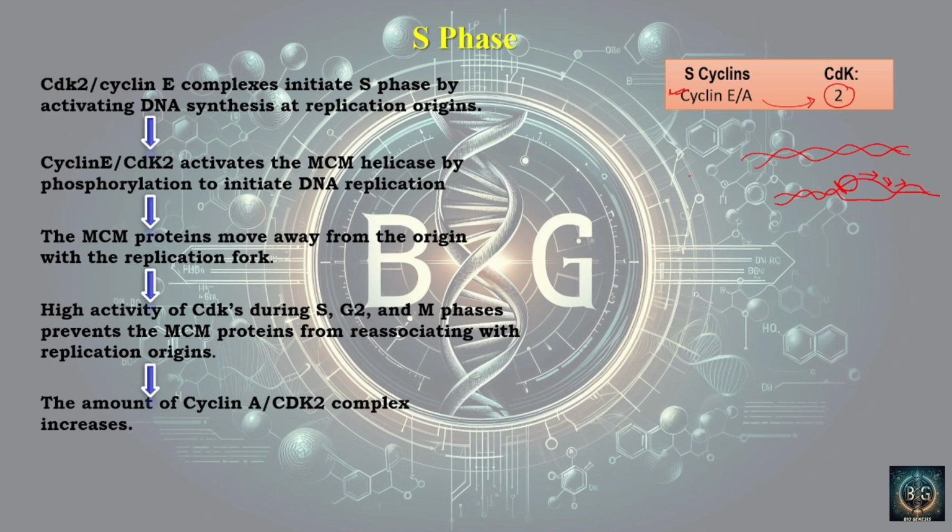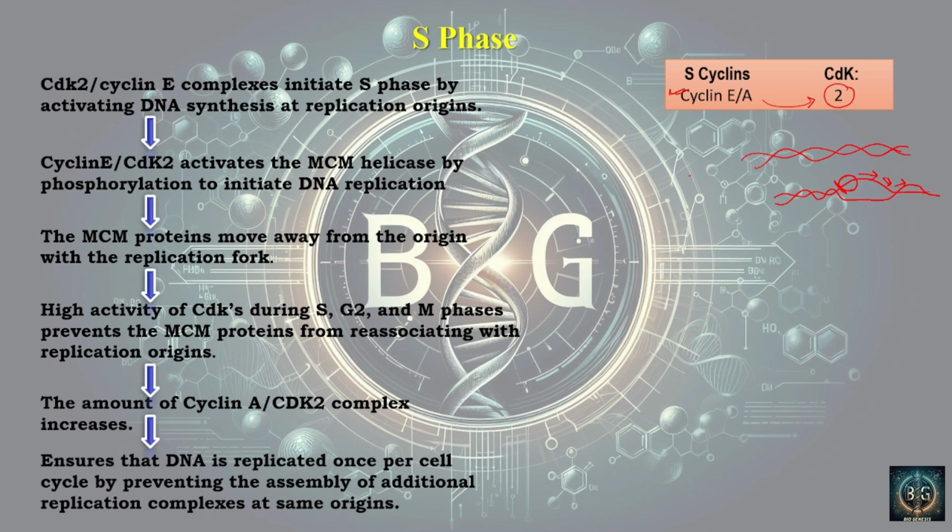At first, cyclin E-CDK2 starts the replication process. When the replication process has already started and is going on, the amount of the next cyclin protein, the cyclin A-CDK2 complex, increases.